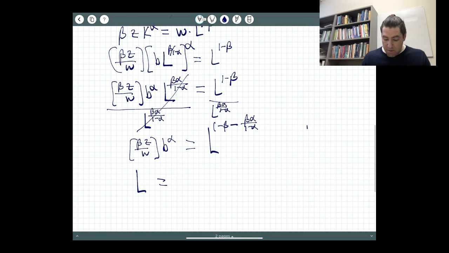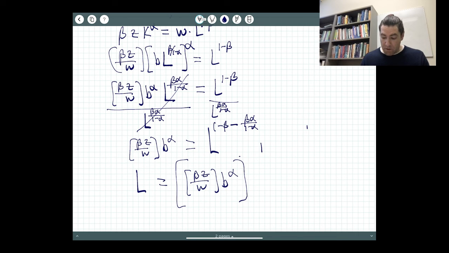L is beta z over w, b to the alpha. That whole thing then to the 1 over 1 minus beta alpha over 1 minus alpha is what I end up with.